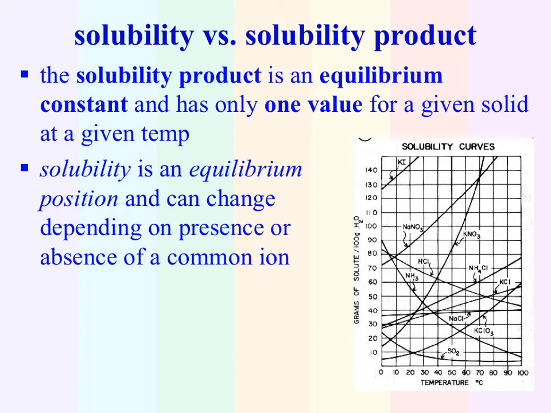We can use Le Chatelier's principle to affect the solubility of our substance. So what you should understand is that the numeric value of your solubility can change depending on what else is present in solution. However, your Ksp value is going to be constant at that specific temperature.